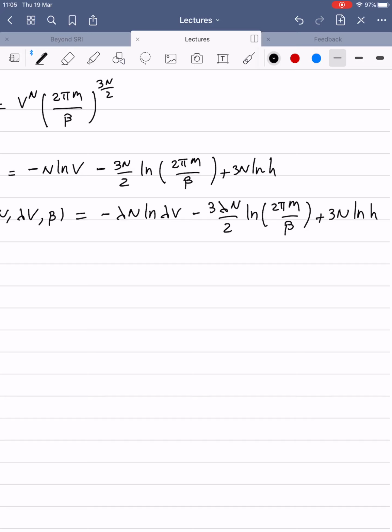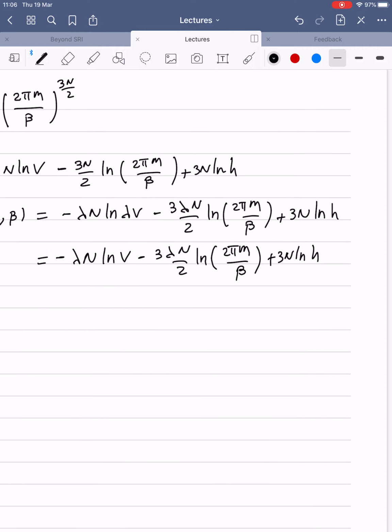So I can decompose it in the following way. Let's do it like this. So lambda n log of v, then minus 3 lambda n over 2 log of 2 pi m over beta plus 3n log of h.